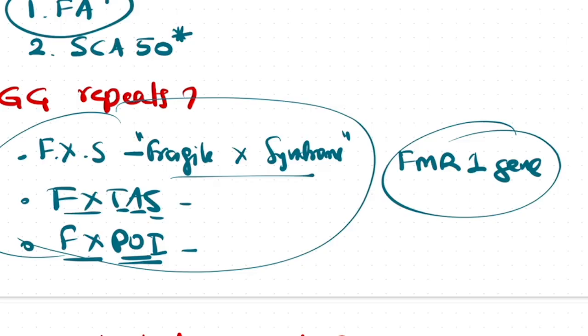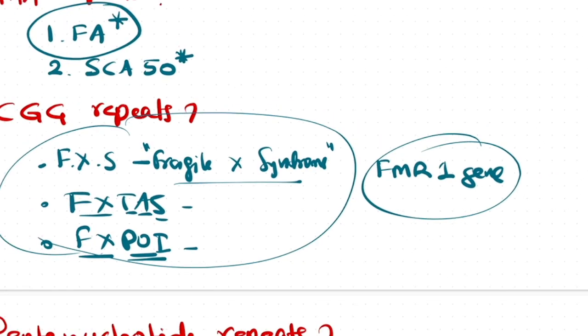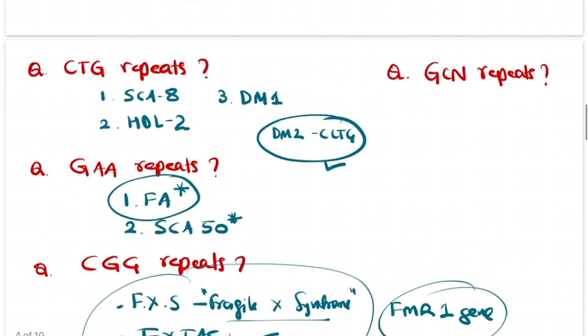Along with that, they have neurological problems like mental retardation, autism, and ADHD, attention deficit hyperactivity disorder. This is the classical presentation of Fragile X syndrome. If Fragile X syndrome is associated with tremor ataxia, it's called FXTAS. If it is associated with primary ovarian insufficiency, it's called POI. I think this should be clear. Next, GCN repeats. Where do you see these GCN repeats?